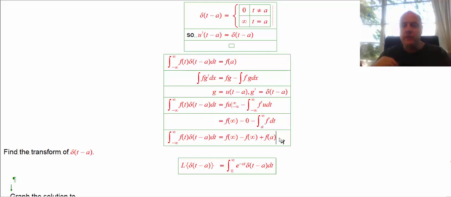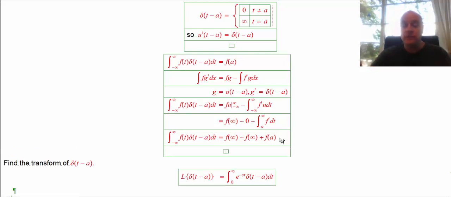Now, a couple of things that we can do with this. If I ask, what's the area underneath that infinite spike? Well, there are a couple of different answers we could think about. You could say, if I think of it as an infinitely tall, infinitely skinny rectangle, length times width is the area, but it's infinitely skinny, so the area is going to be 0 because the width is 0. Or you could argue it the other way around.